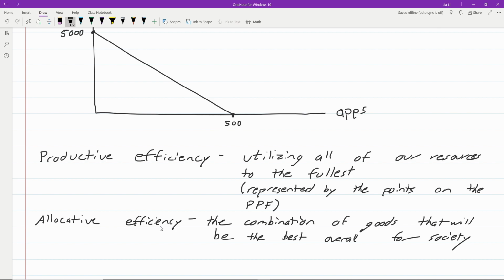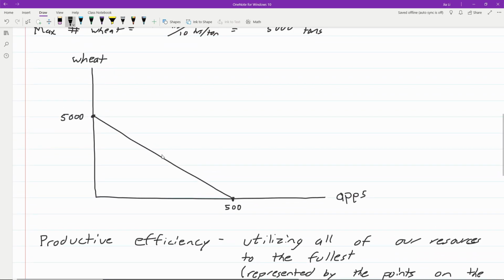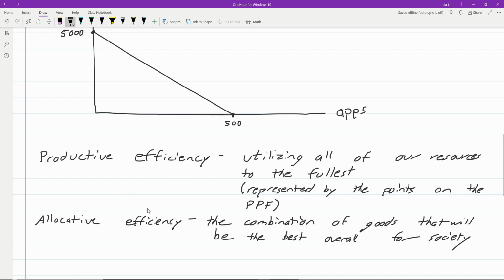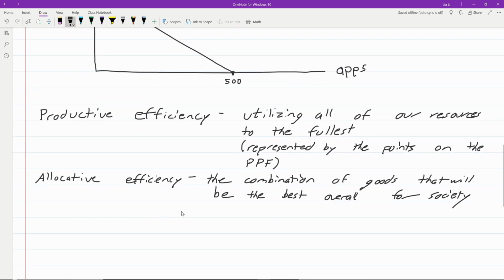So just as a quick reminder, that deals with some of the ideas talked about in the previous video about utility, right? Just as with a budget constraint, people will choose the combination of goods that will give them the most utility, that will make them overall the most happy. It's the same thing here, except now we're expanding it out to a societal level. There should be some combination of goods here that theoretically will bring the most amount of utility or the most amount of happiness to the most amount of people in society. And that would be the ideal combination of goods that we want.